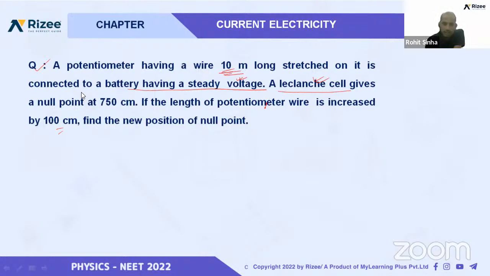Now this cell gives a null point at this. That means for E1 we get null point at 750 centimeter. If the length of potentiometer wire is increased by 100 centimeter, now what we are doing, we are increasing the length of potentiometer wire by 100 centimeter.